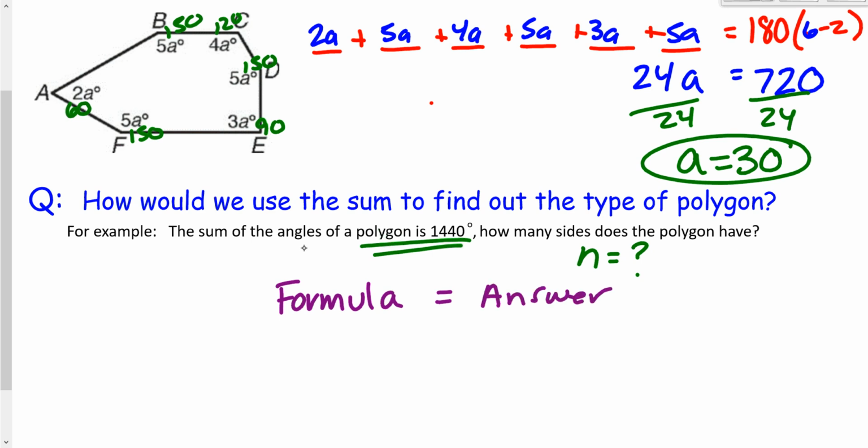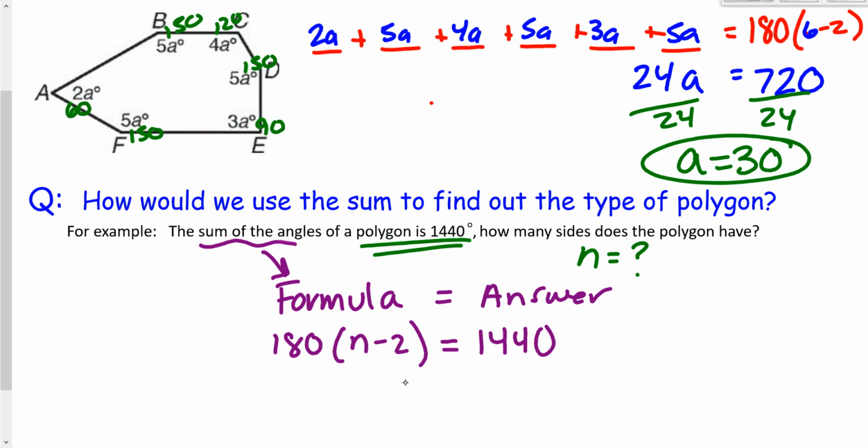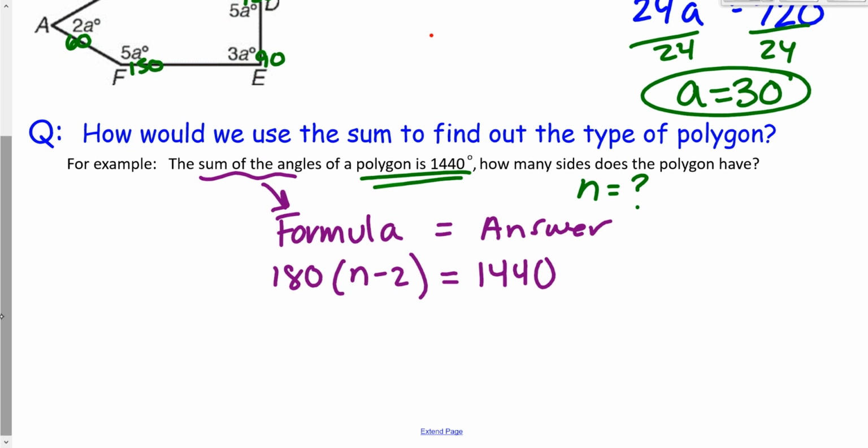So the sum of the angles of a polygon is equal to 1440. The formula for the sum of the angles is 180 times n minus 2, which means now I'm just solving for n. What do you do first?